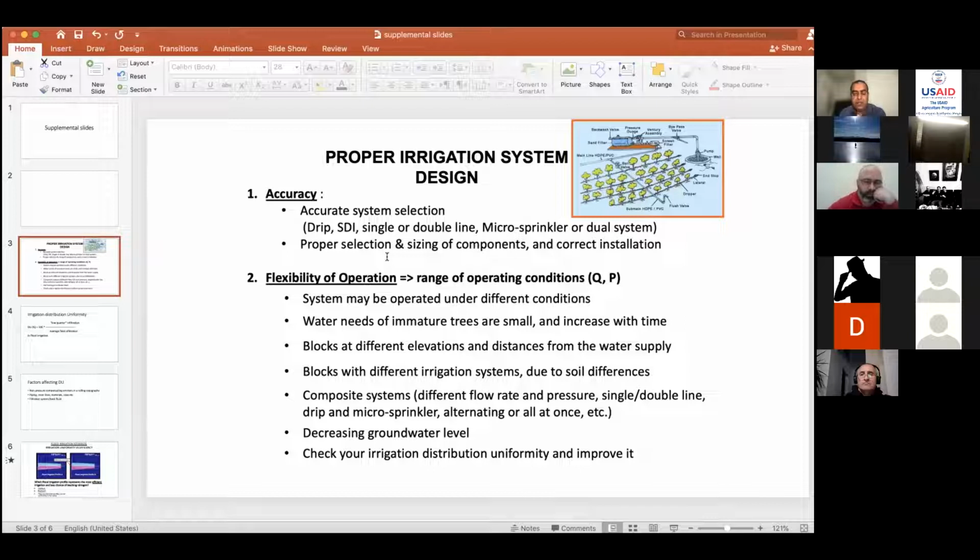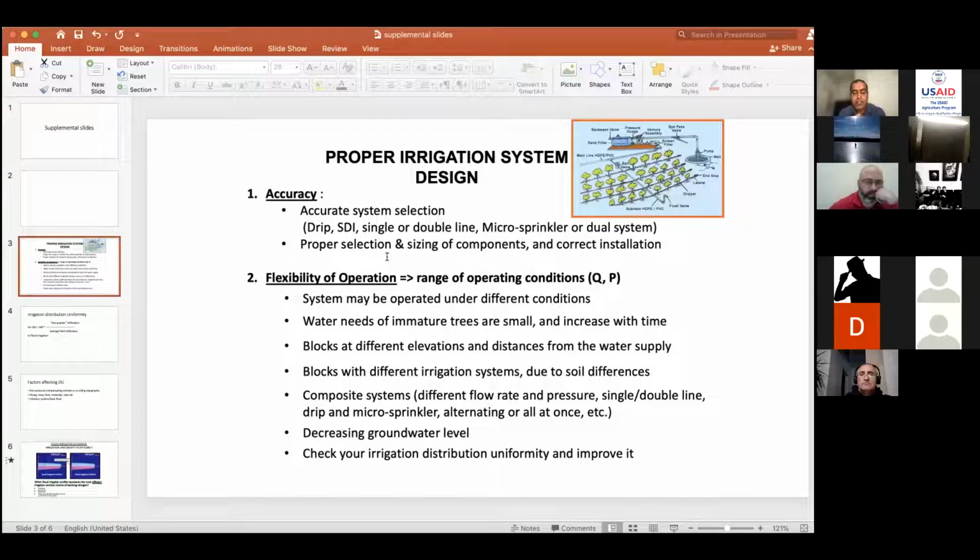The sizing of the components, the system pressure losses can be really great if you don't pay attention to the length of the pipes with a particular diameter. So you have to keep the system pressure high enough to be able to achieve good distribution uniformity.